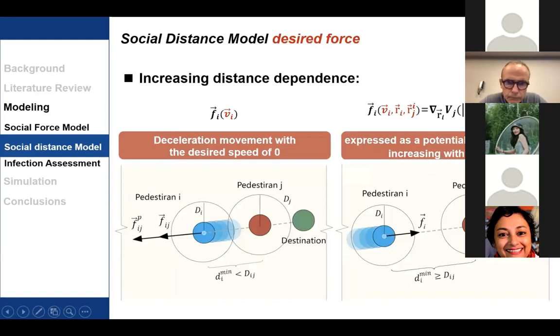When the distance between pedestrian i and j is less than the average of their desired social distance, Dij, pedestrians tend to slow down with the desired speed of 0. When the distance is greater than Dij, it is expressed as a potential monotonically increasing with distance. That is to say, the farther the distance between pedestrian i and j, the greater his desired force is.